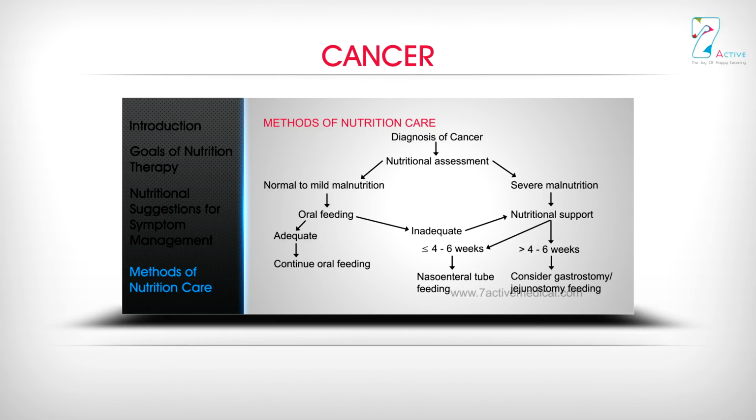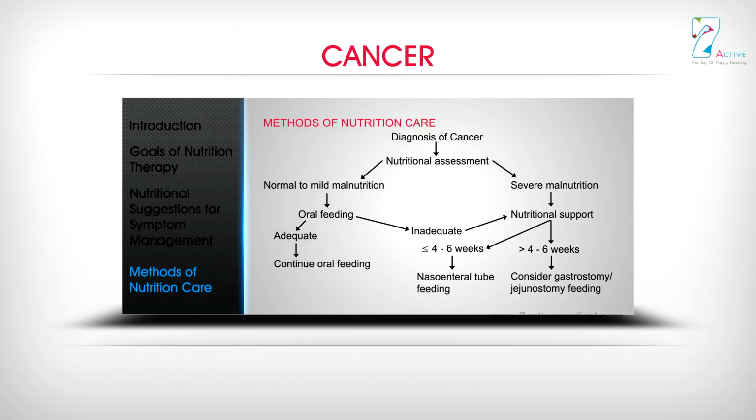Less than or equal to 4 to 6 weeks: nasoenteral tube feeding. Greater than 4 to 6 weeks: consider gastrostomy or jejunostomy feeding.